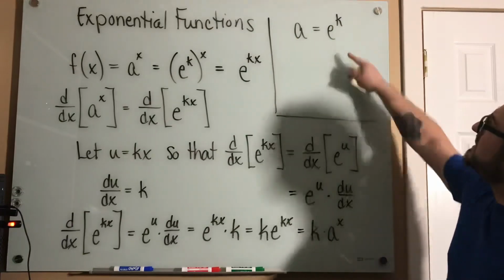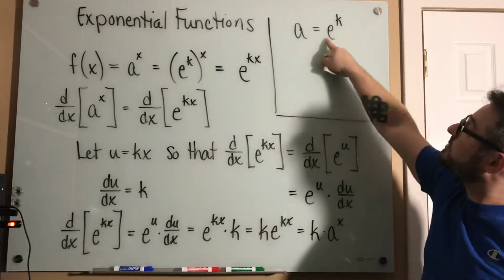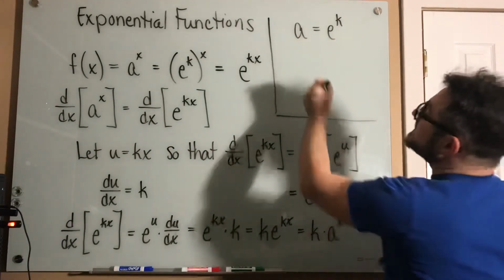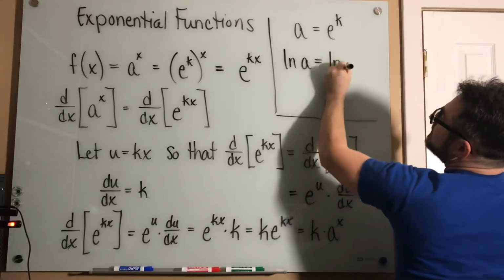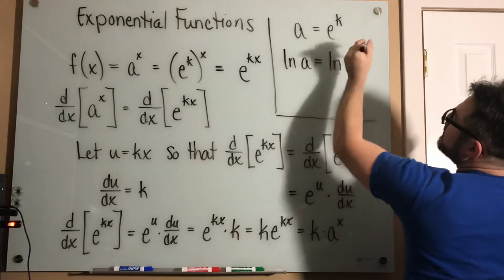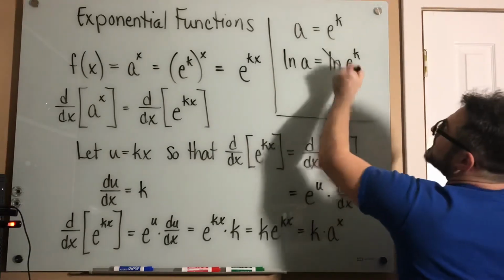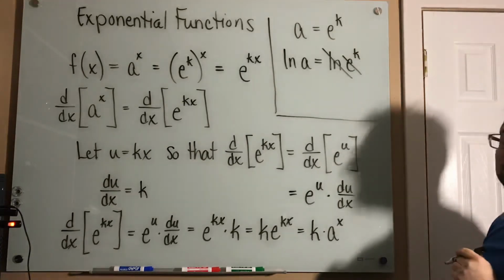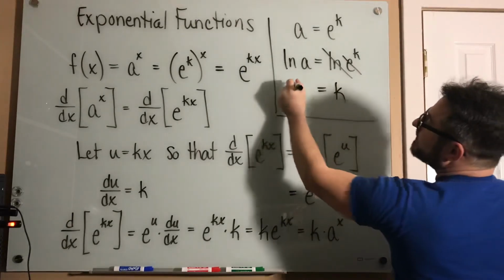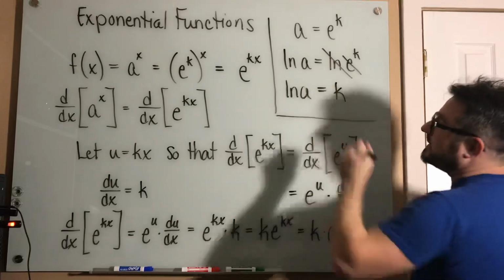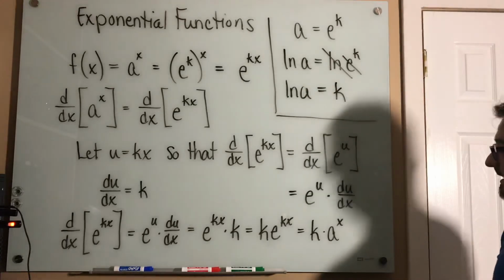Well, if we want to solve this for k, we need a natural log on both sides. But of course, the natural log of e to a power cancels out and leaves us with just the power. So k is the natural log of a.